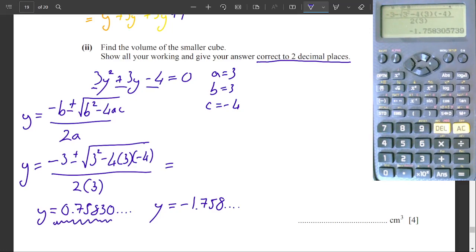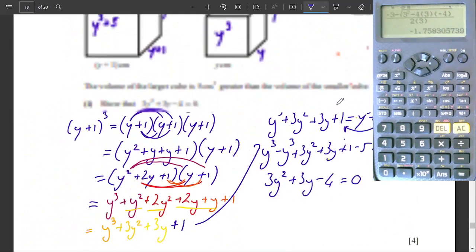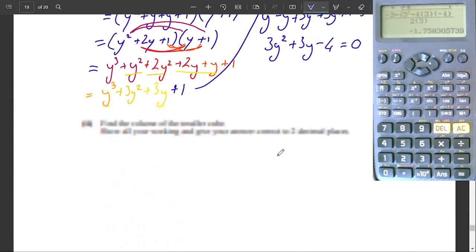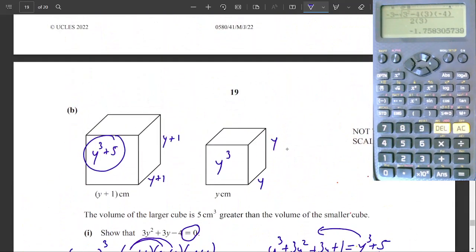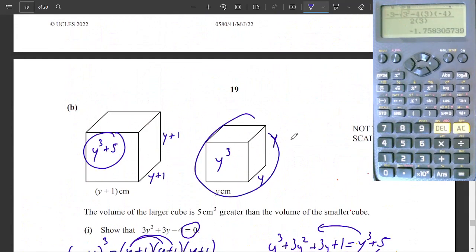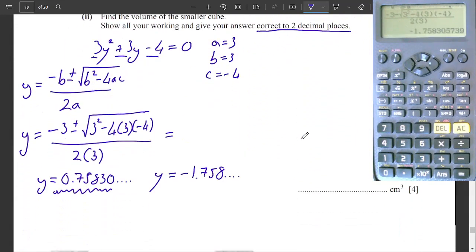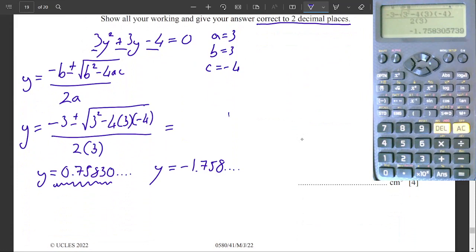What are we actually working out? We're working out the volume of the smaller cube. What's the volume of the smaller cube? y cubed. So that's easy to do now. We're almost there. So the volume of the cube will be 0.758, etc., cubed.